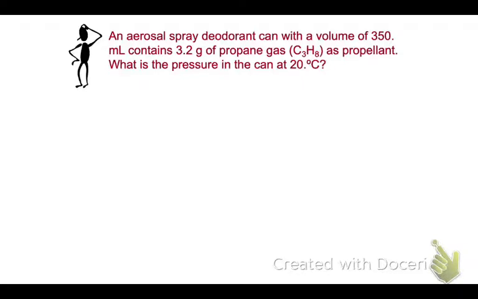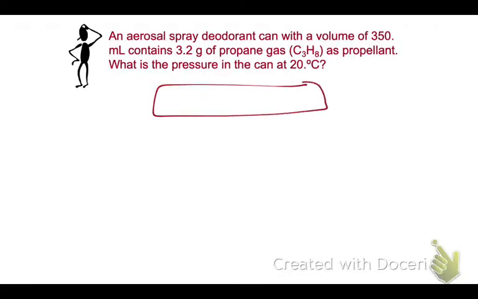You have information about the gas and one of the values is missing. I have volume, I have grams, which means I have moles, and I have temperature, and what I need is the pressure. So I know it's not a before and after, therefore it's an ideal gas law problem.